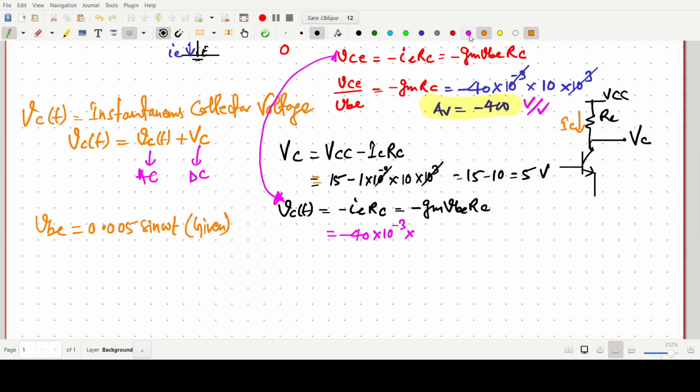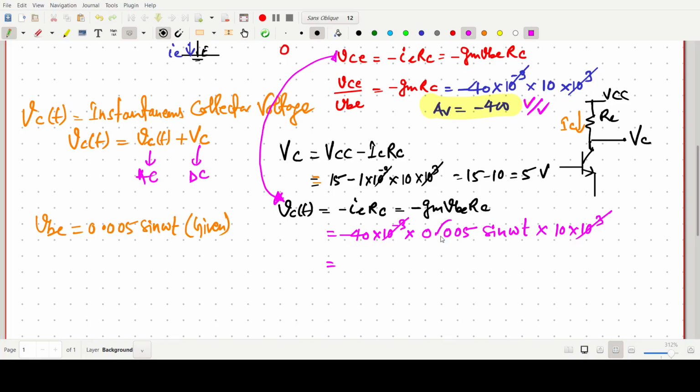So simply multiply this with 0.005 sin omega t into RC. RC is already given as 10 kilo, 10 into 10 to the power 3. So this cancels out, then minus 40 into 0.005.